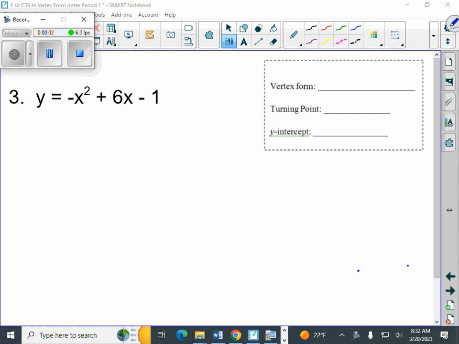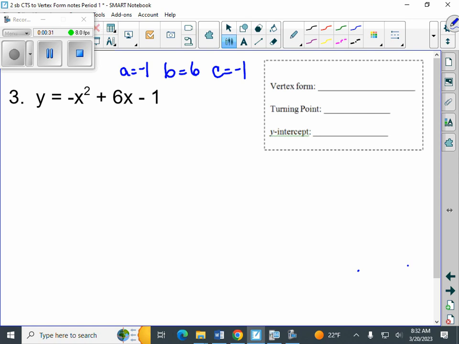So once again, on problem number 3, we want to convert our original equation, y equals negative x squared plus 6x minus 1, to vertex form. And while we're thinking about it, just a reminder that a is negative 1, b is 6, and c is negative 1 in this particular problem.